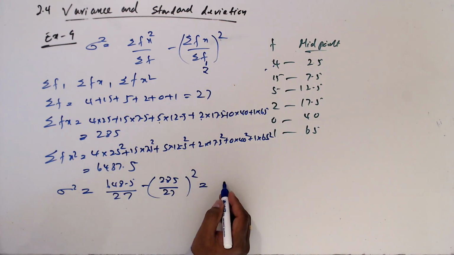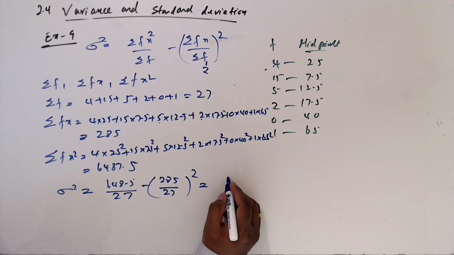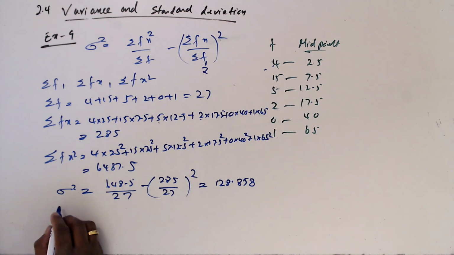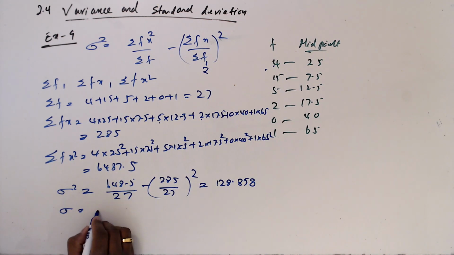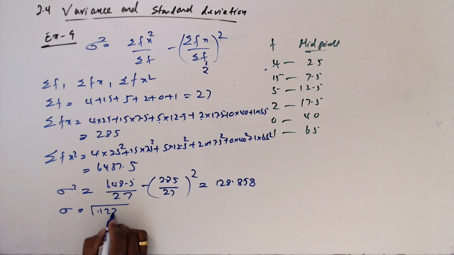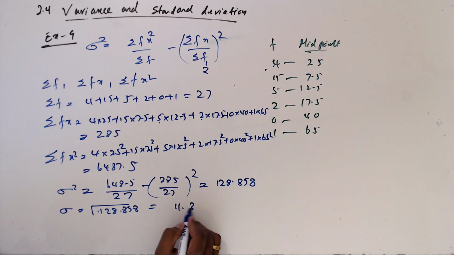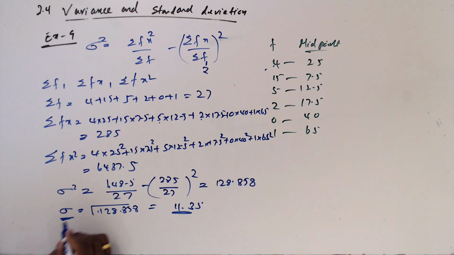So sigma square you will get 128.858, and sigma you will get the square root of this value, 128.858, equal to 11.35. So this is the standard deviation.